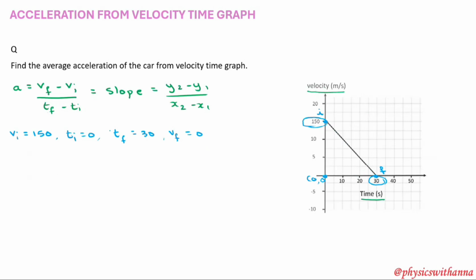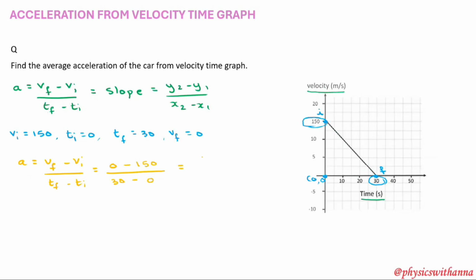Now we can put these values in the rule. I write the rule again. Average acceleration is v final minus v initial over t final minus t initial, which is equal to final velocity here, 0. Initial velocity is 150, so minus 150 over t final, 30, minus t initial, 0.